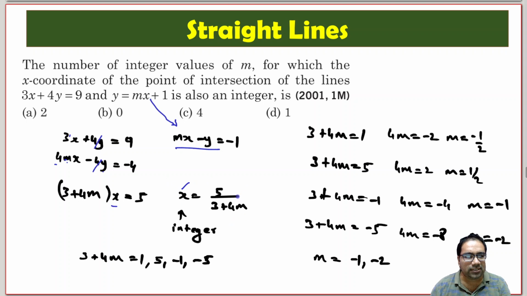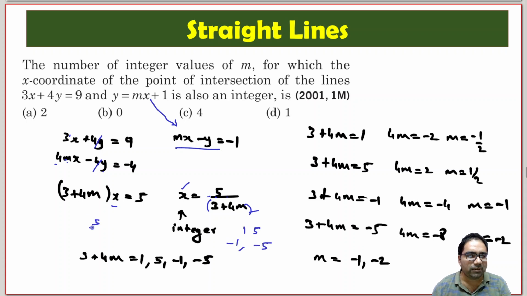Now x should be an integer, and m also should be an integer. If x has to be an integer, obviously, if the denominator is greater than 5, it cannot be an integer. If 5 by 6, 5 by 10, 5 by 20, it cannot be an integer. First of all, it has to be at most 5 in magnitude, and it has to be either 1 or 5, minus 1 or minus 5.